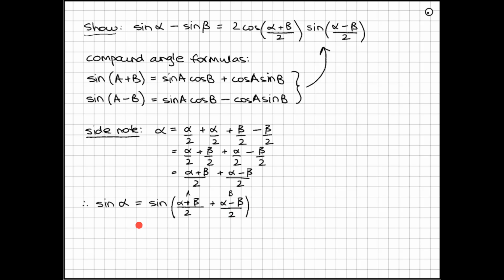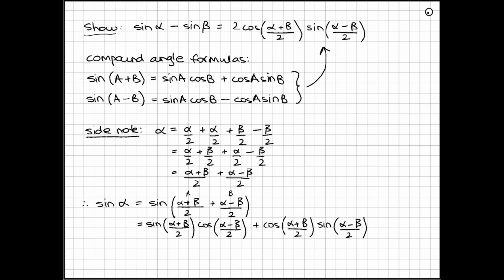So if we do that, we end up with the sine of alpha plus beta on 2 times the cosine of alpha minus beta on 2 plus the cosine of alpha plus beta on 2 times the sine of alpha minus beta on 2.